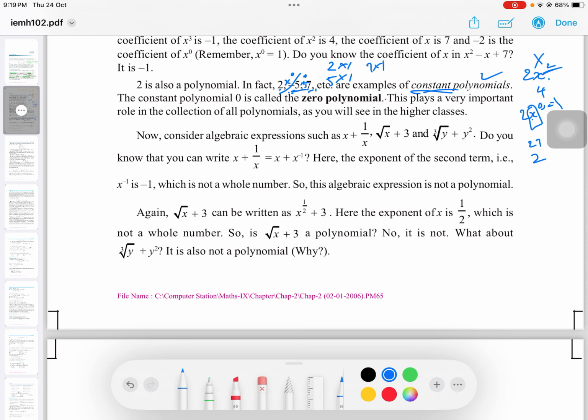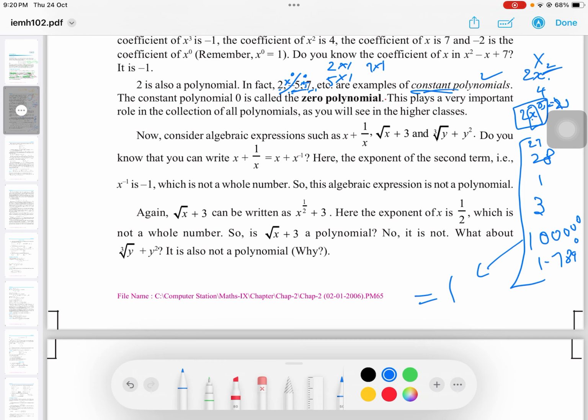If x is 27, 28, 1 billion, or 1.789, whatever number, if it has a power of 0, all this together would equal 1. So it does not matter. Your answer is obviously going to be constant.